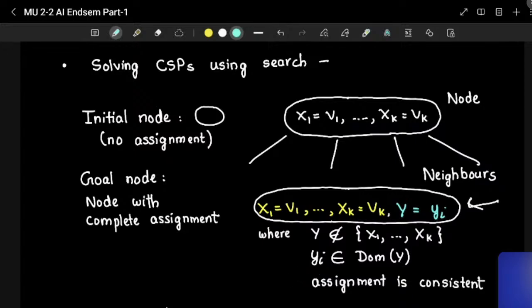After you make this assignment, you should also ensure that the assignment is consistent. So when you create this neighbor, you have to check if all the constraints are being satisfied. If they are, then it is a valid neighbor and you can add it to the search tree.